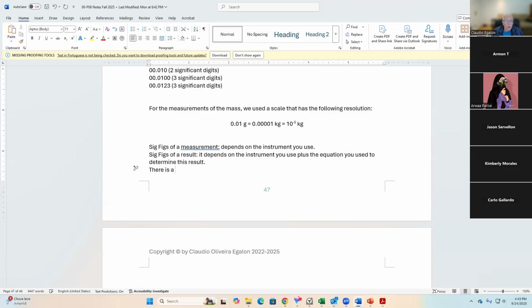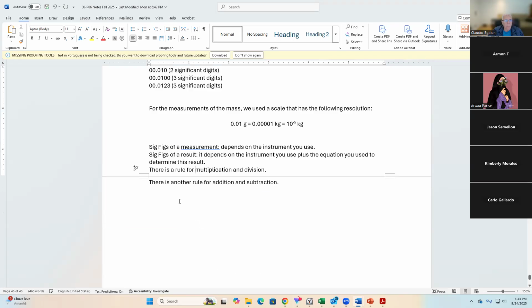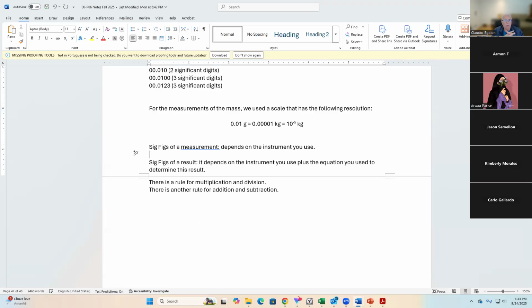There is a rule for multiplication and division. There is another rule for addition and subtraction, okay? In order to find out the number of significant digits of a given result, there will be a rule for multiplication and division, and another rule for addition and subtraction.